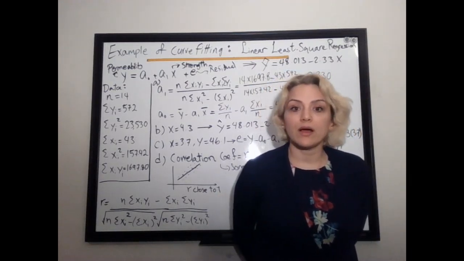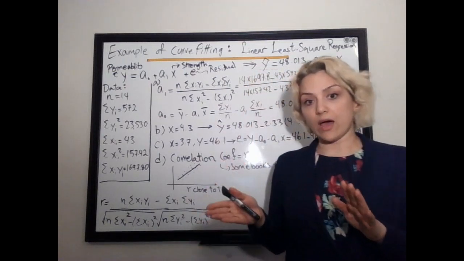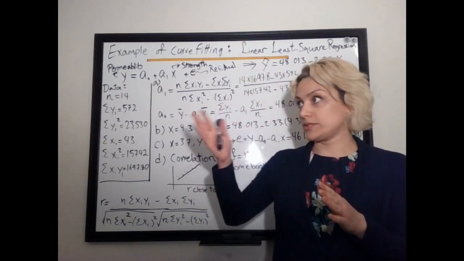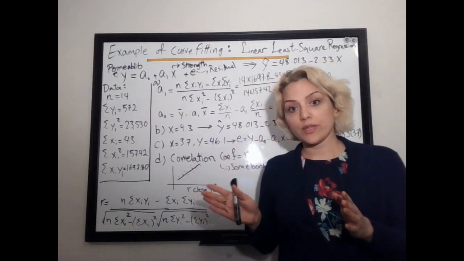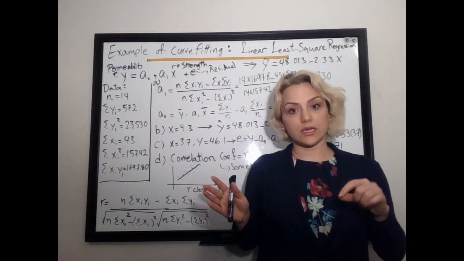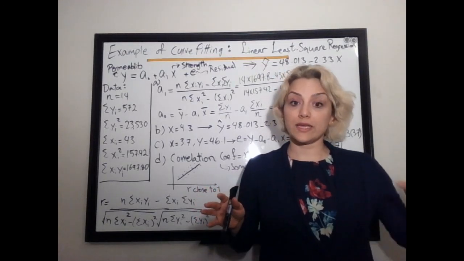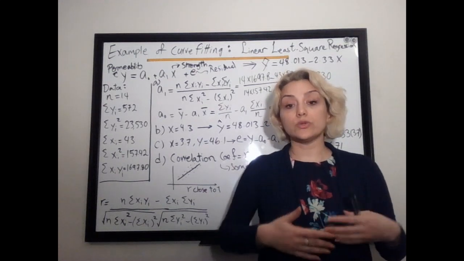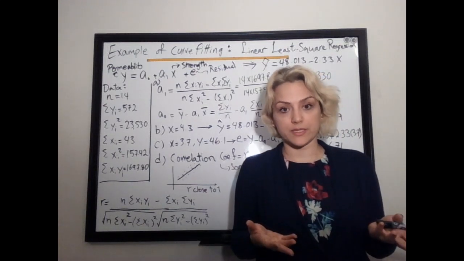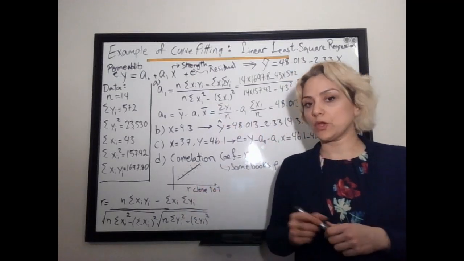So, for example, if the temperature outside the house goes down, let's say in winter, the consumption of gas inside our homes goes up. We are going to use more gas, or more electricity, for heating purposes, because we need to generate more heat when the temperature goes down.